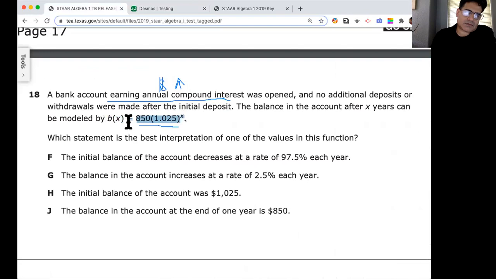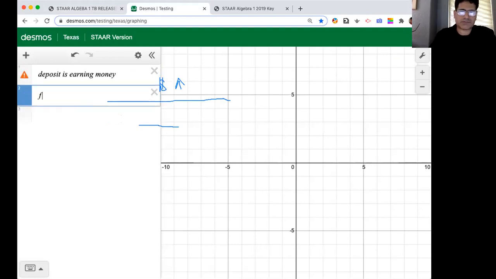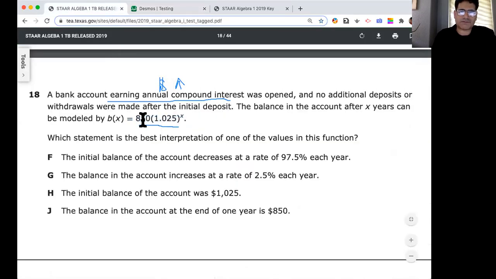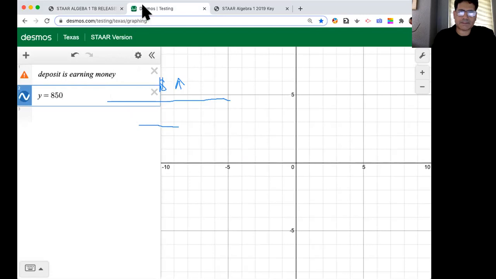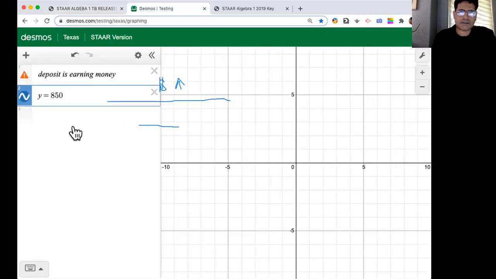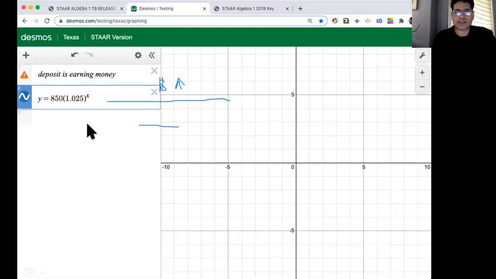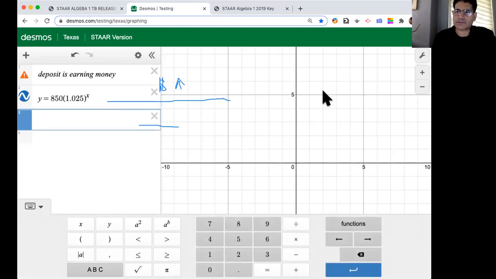So we can throw that in there, I guess. Function, this is Y equals 850 times that amount, to the, not sure what that gives us.